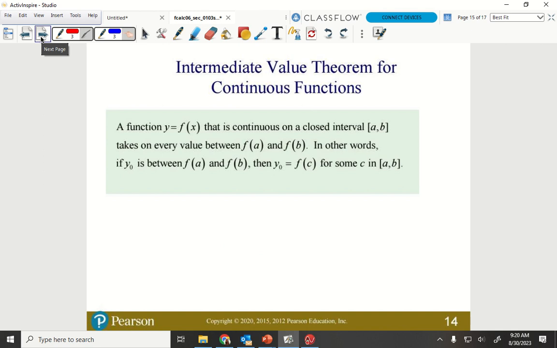Intermediate value theorem for continuous functions. Okay, a function y equals f of x that is continuous on a closed interval from a to b takes on every value between f of a and f of b. In other words, if f sub naught is between f of a and f of b, then f sub naught is somewhere between those two things, if it is continuous.